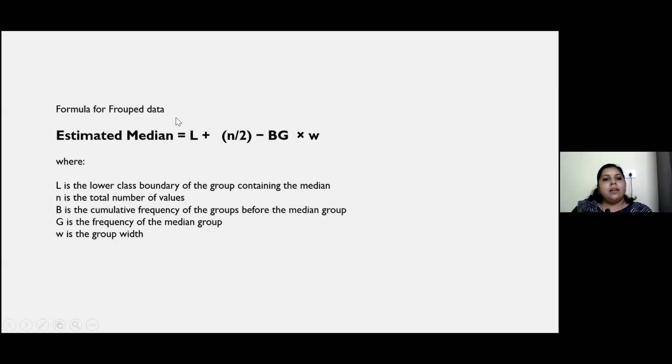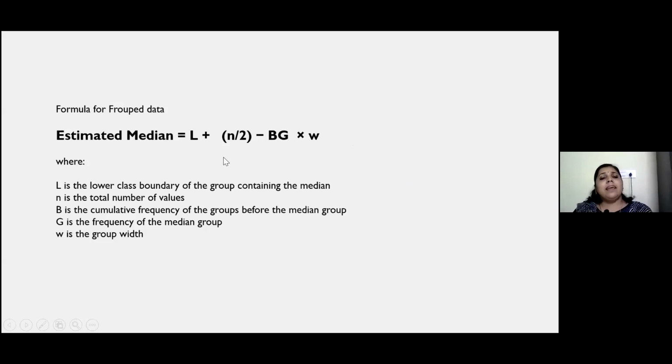And now I am going to tell you how to find out the median for grouped data. The median is not found only for ungrouped data; we find it for grouped data also. Indeed, we'll see the formula for that.